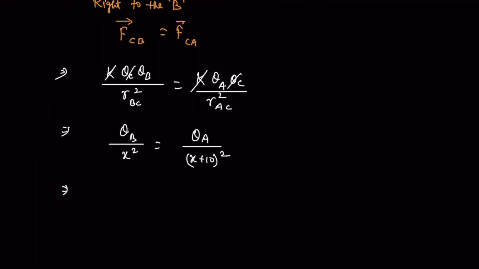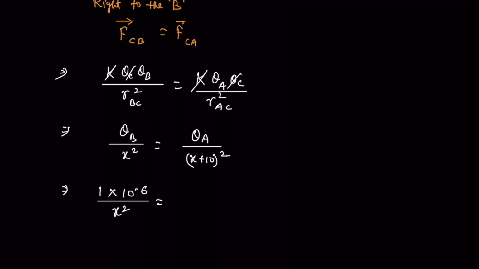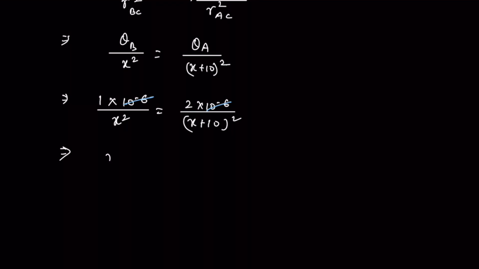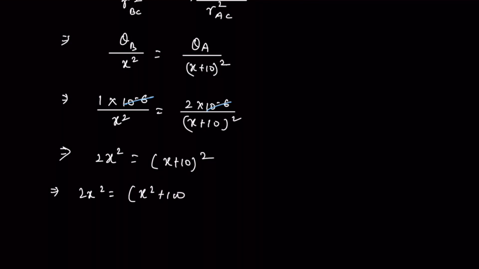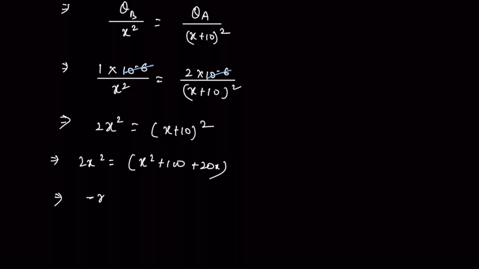After substituting the values, it can be written as 2x square is equal to x plus 10 whole square, which is equal to x square plus 100 plus 20x. So the quadratic equation will become minus x square plus 20x plus 100 is equal to 0.